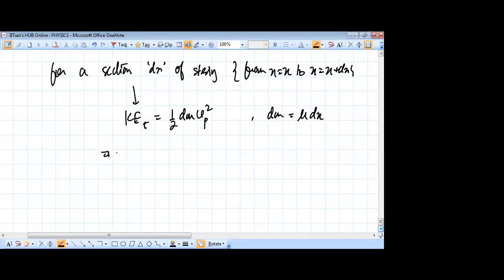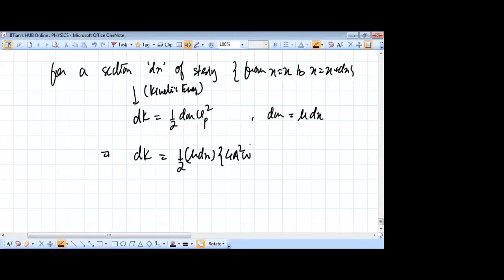So the kinetic energy as a function of time, I should write it as a differential kinetic energy. For this string, the kinetic energy becomes half mu dx into particle velocity squared, which will become 4a square omega square sine square kx dx cos square omega t.